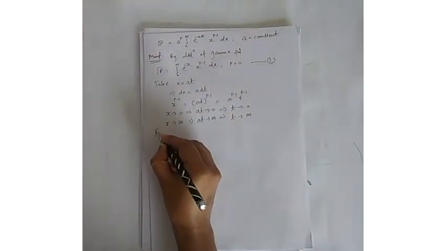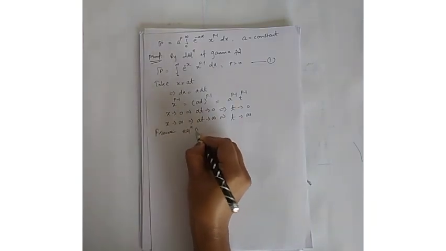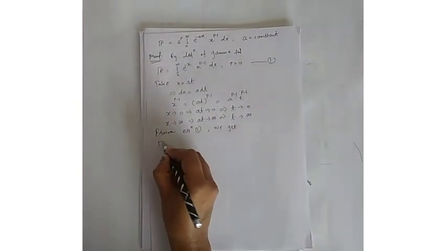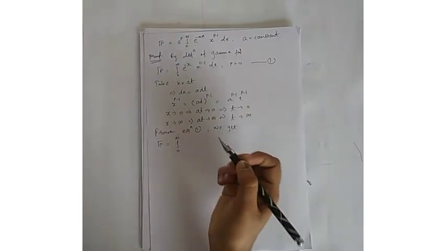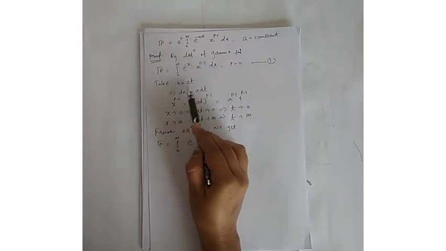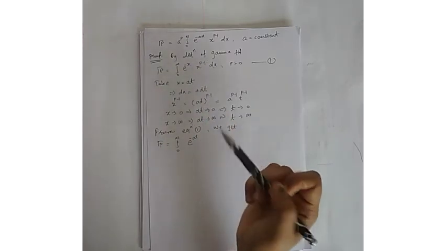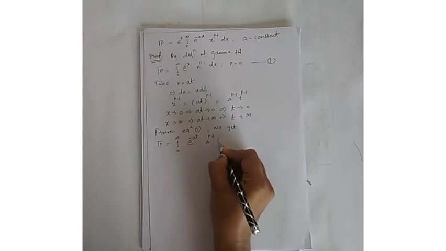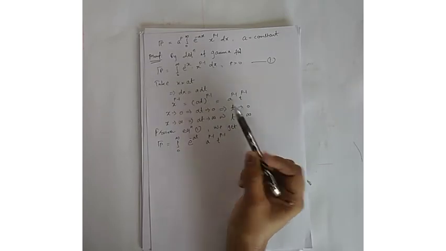So from equation 1 we get gamma p is equal to integration with limit 0 to infinity e raised to minus x, and x is equal to a t, so minus a t, x raised to p minus 1, the value of x raised to p minus 1 is a raised to p minus 1 into t raised to p minus 1, dx, and dx is equal to a dt.